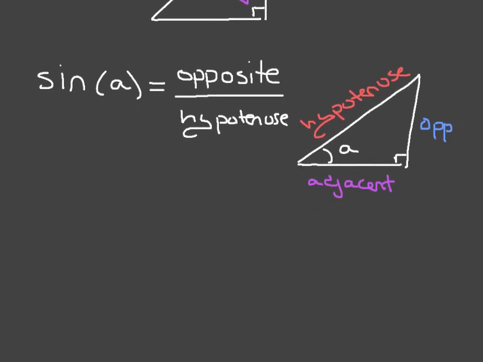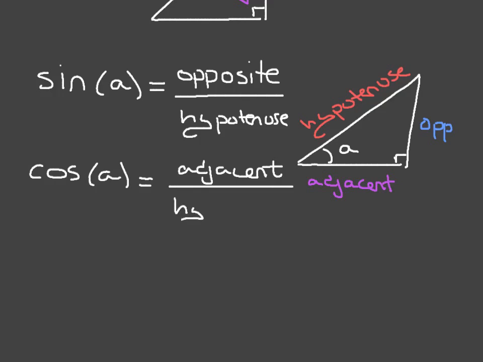We also define another one, which is known as the cosine of the angle A, and we write that as cos, C-O-S, of A. And that is equal to the adjacent divided by the hypotenuse.